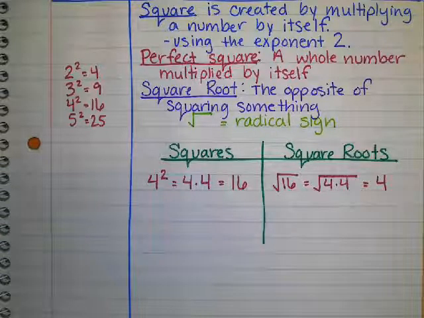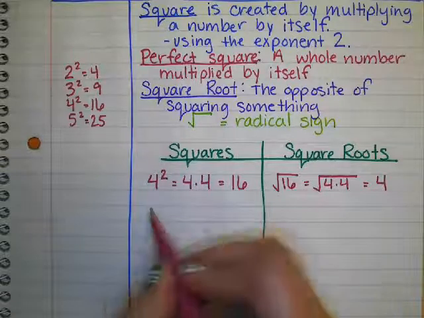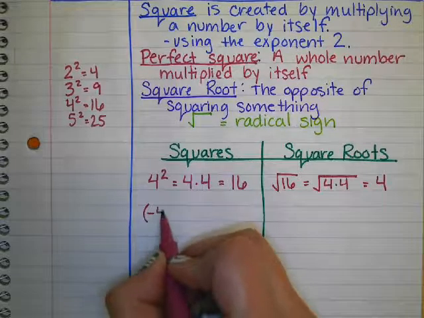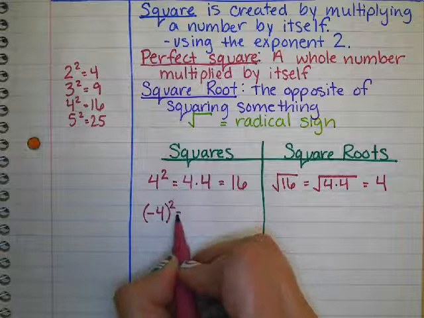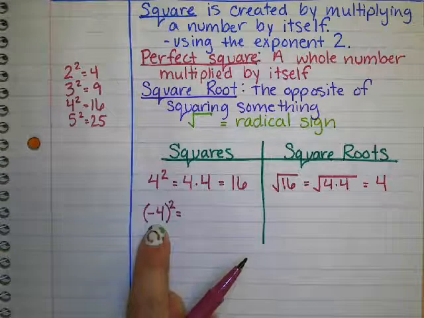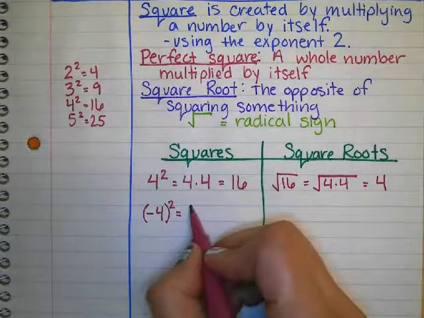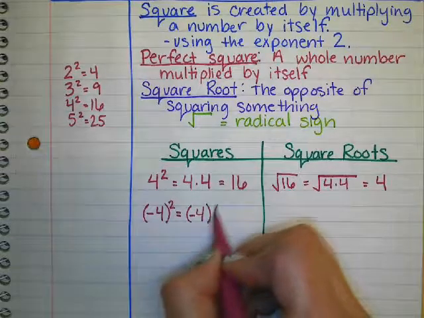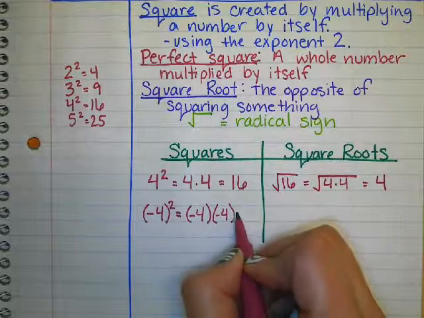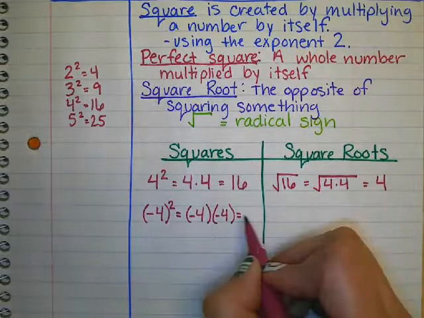Now, you can do the same thing with negatives. So if we had -4 squared, remember I have to put that in parentheses because that negative has to be squared too. This is the same thing as -4 times -4, which is also 16.